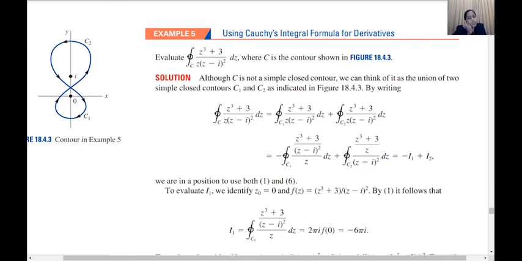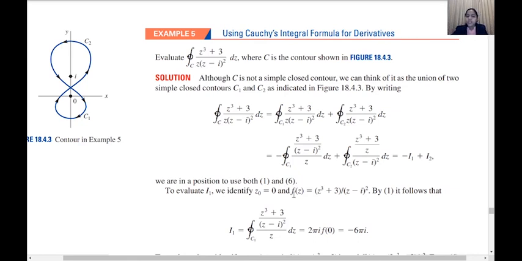Okay, so in both the cases I am going to apply Cauchy's integral formula to determine the value. In the first case, we don't have any powers of z, so we don't have to use the integral formula for derivatives. The Cauchy's integral formula will be sufficient.